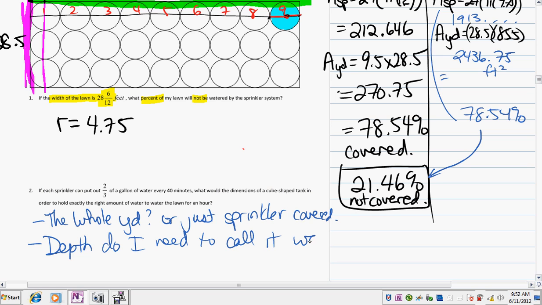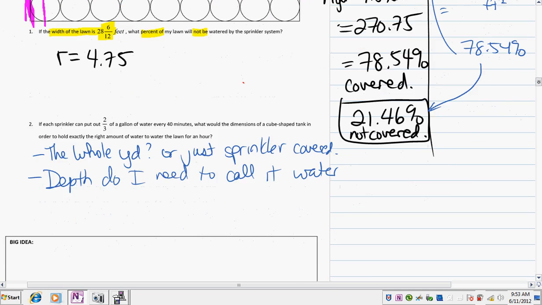Because if it needs a millimeter of water, well, that's different than if it needs a few inches of water. If you can picture the yard, and these circles that cover it, does it need to seep down into the grass lower, or does it just need to touch the top? So there's lots and lots of things that you're going to need to know in order to do this.